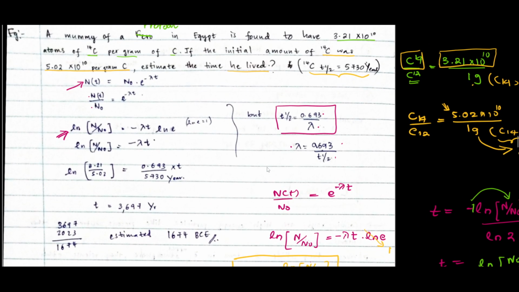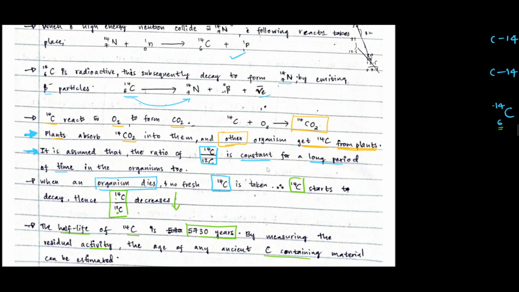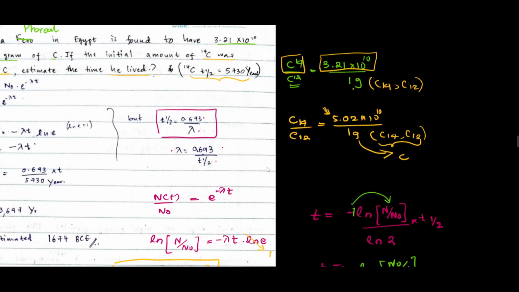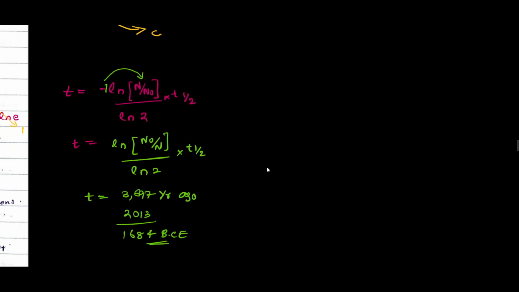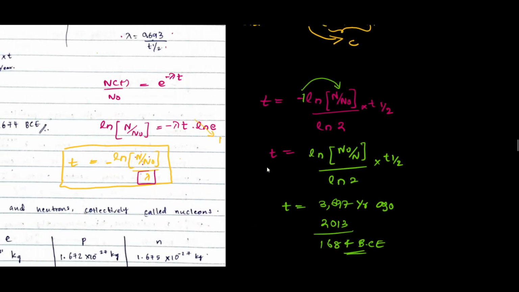Just go through my simplification and check. Other than that, what you have to understand is the process. To understand the process, we need a question, we need an example. That is what I have done for you. You are not going to get these types of questions. I hope you have got a clear idea.